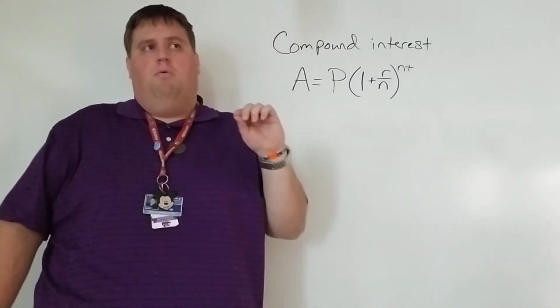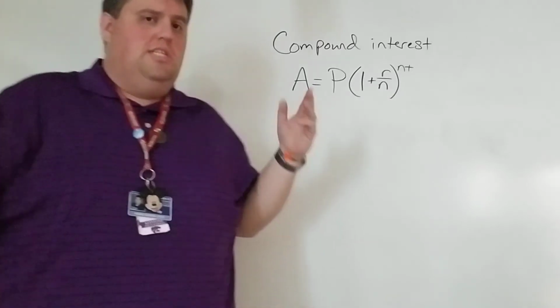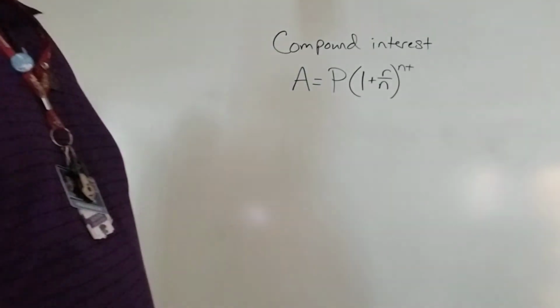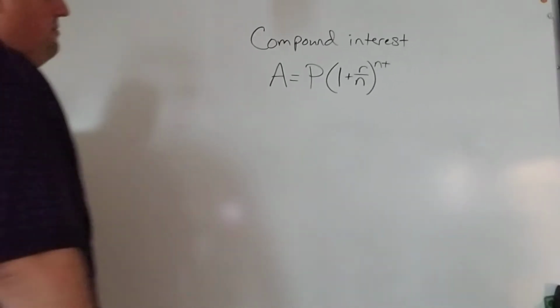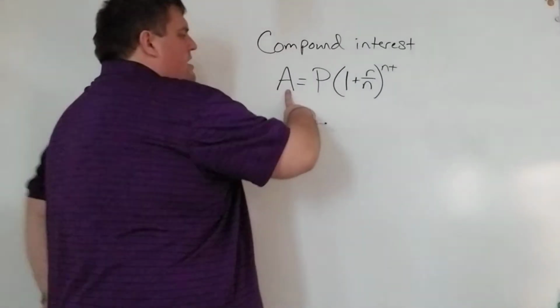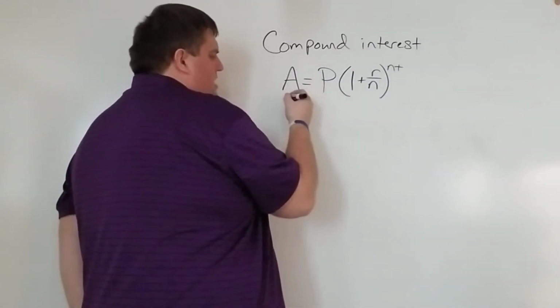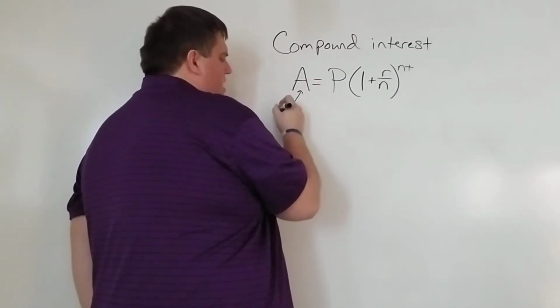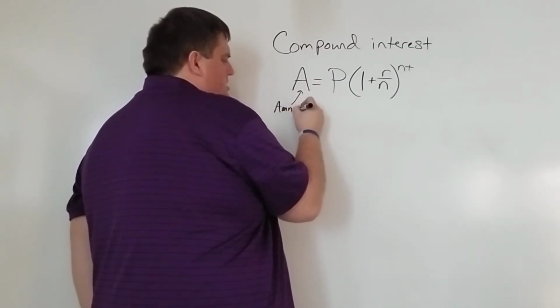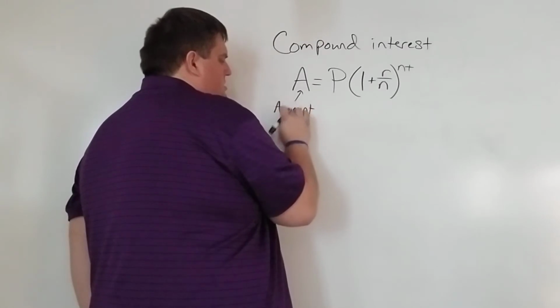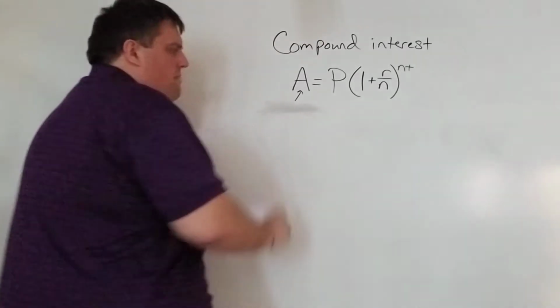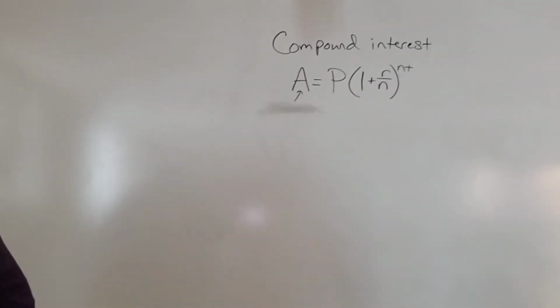So what we're going to do is use this formula over here, our compound interest formula. A is the amount, the general amount of money that you are going to get back.